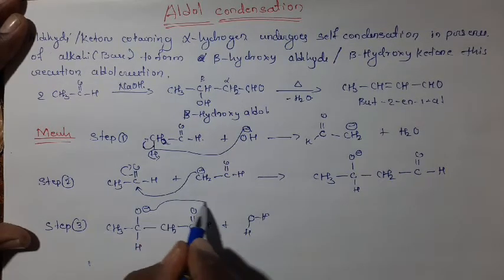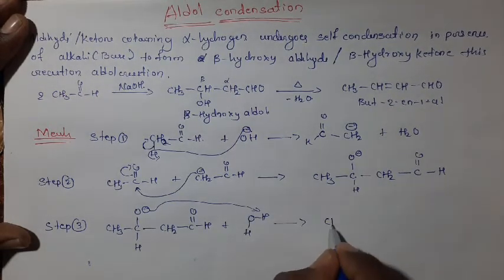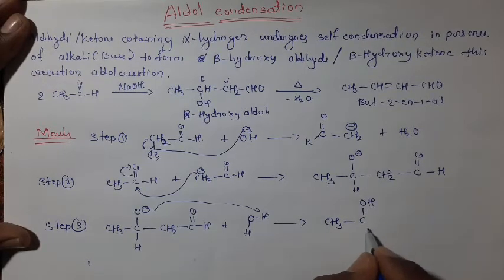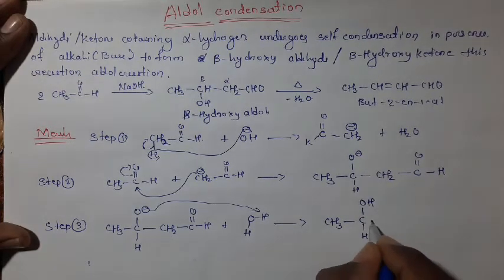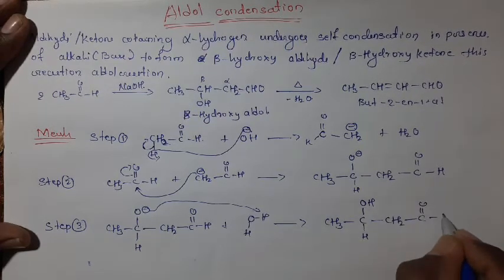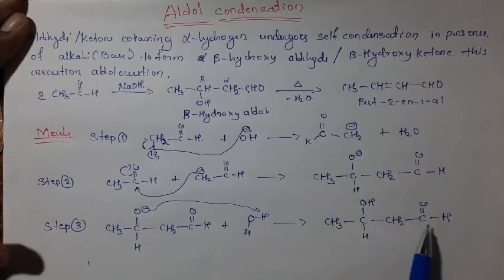This negatively charged oxygen abstracts the proton, which forms CH3 C O H, and the rest is as it is, H, CH2 C double bond O H. This is called beta hydroxy aldehyde.